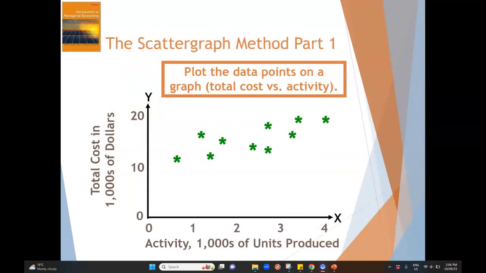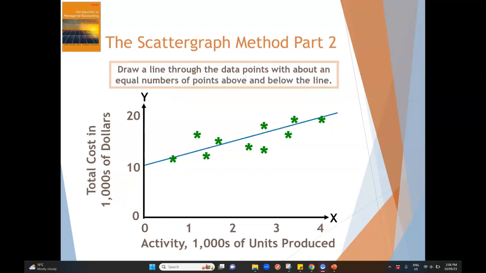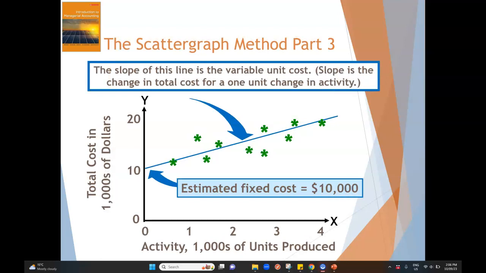The scatter graph method, part 1. Plot the data points on a graph, total cost versus activity. Part 2. Draw a line through the data points with about an equal number of points above and below the line. Part 3. The slope of this line is the variable unit cost.